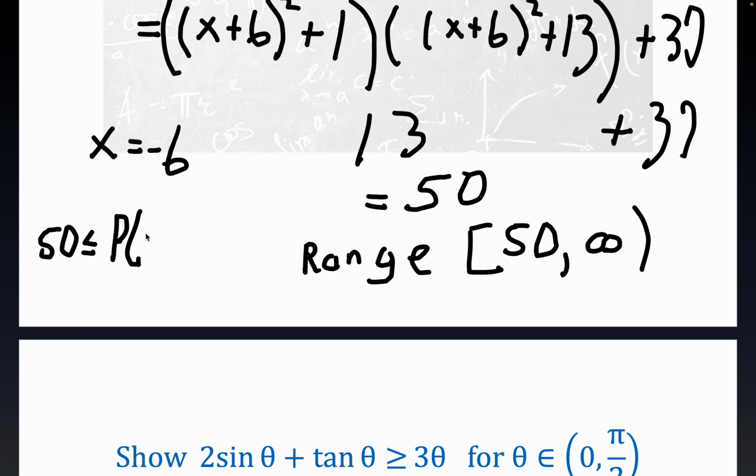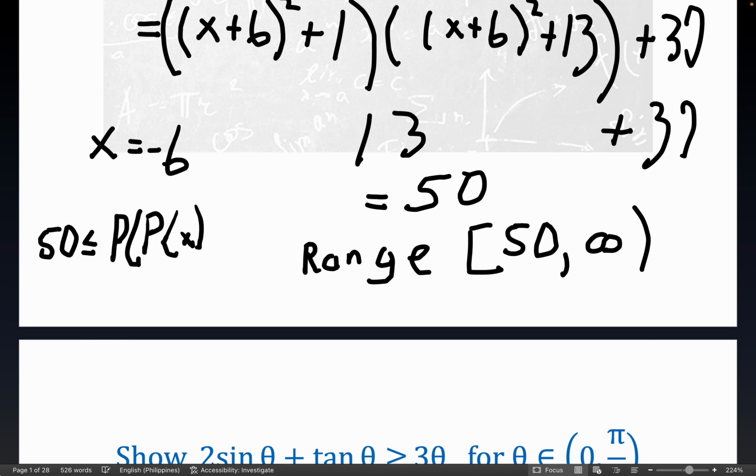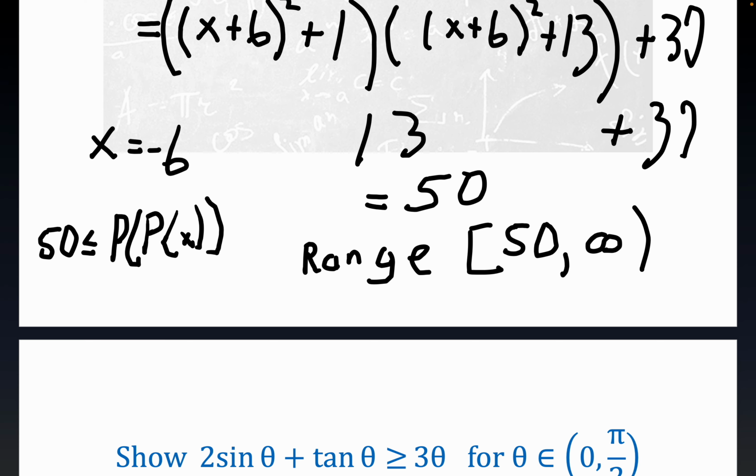And we don't have to write down anything about infinity here. For all x. Now we know polynomials are continuous, so let me put for all real x. So P of x is greater than or equal to 50. It's equal to 50 when x is equal to -6. So the range is this value right here.